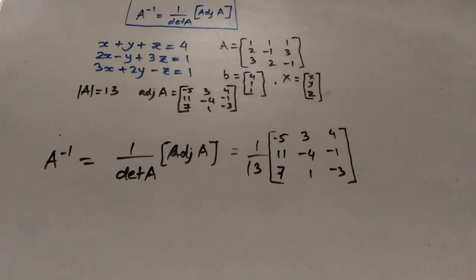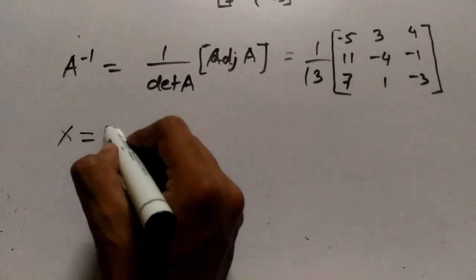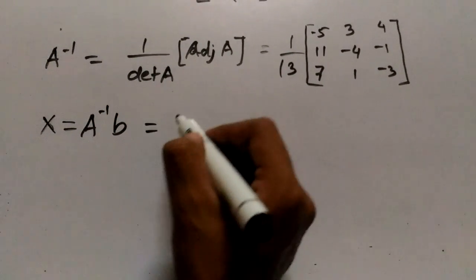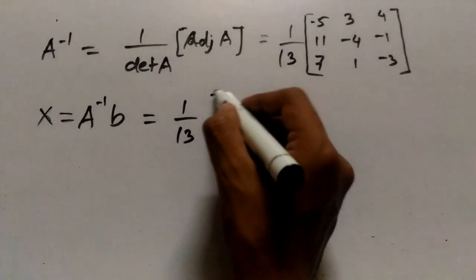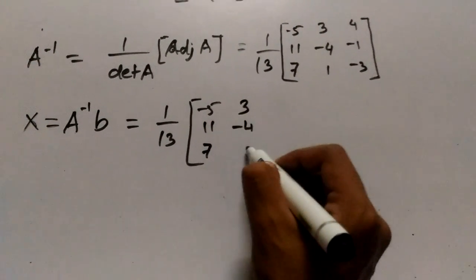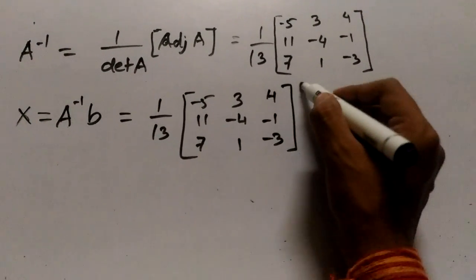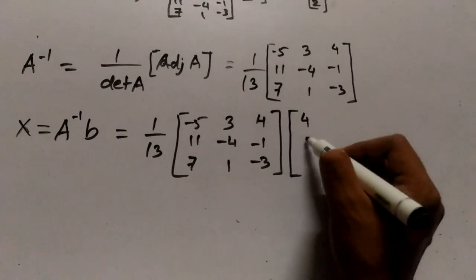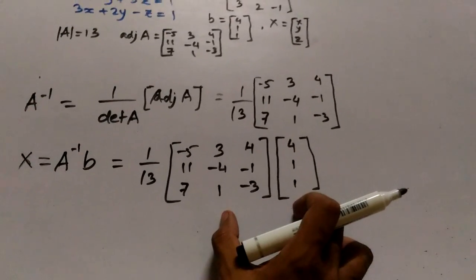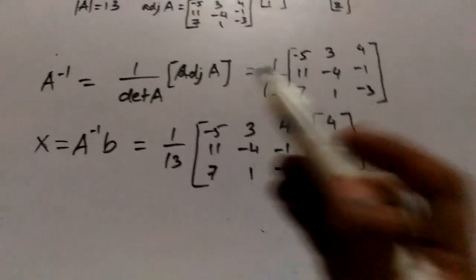Now to solve the system of linear equations, we need to find the value of X, and that is equal to A inverse B. That means 1 by 13 into minus 5, 11, 7, 3, minus 4, 1, 4, minus 1, minus 3, multiplied by 4, 1, 1. So we will multiply these two matrices and then divide the resultant by 13.